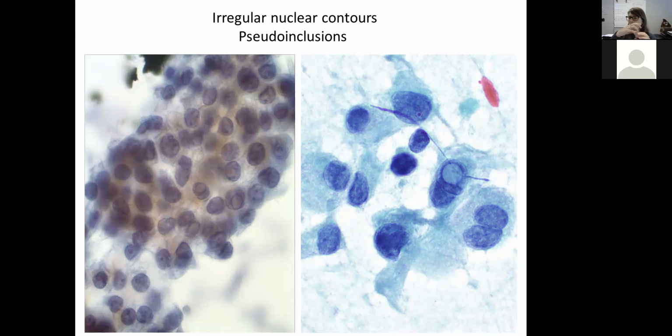And when you look at it, it almost looks like a hole in the nucleus. Exactly. So this, in fact, is carcinoma or suspicious for carcinoma. These are the characteristic nuclear features of papillary that you specifically want to see. We'll talk about the nuclear features of papillary.